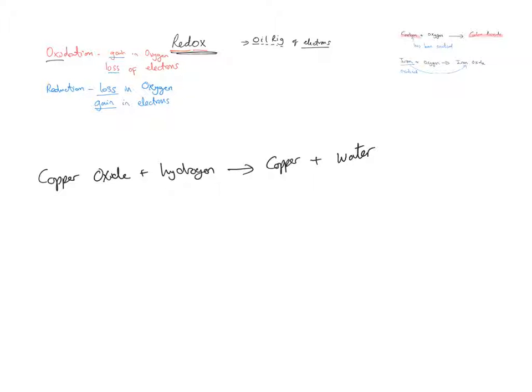So in this example, it starts off as copper oxide, this reactant, and then turns into copper. So overall, it's lost oxygen. Therefore, reduction is happening here. The copper oxide has been reduced to copper.